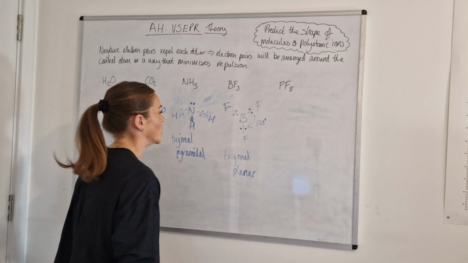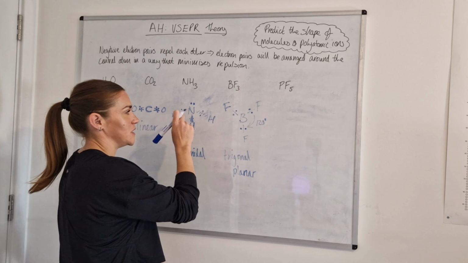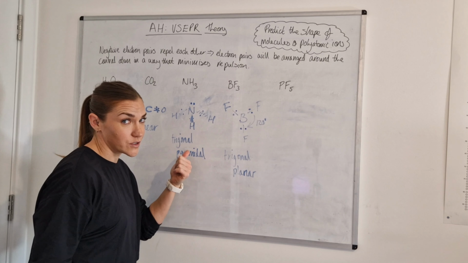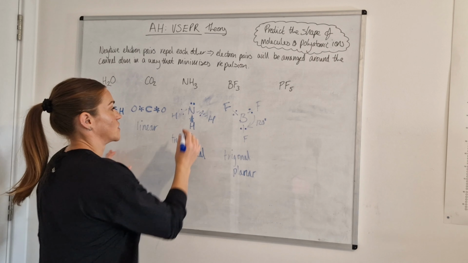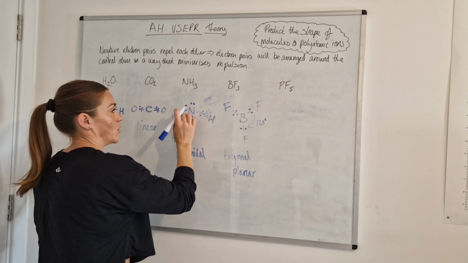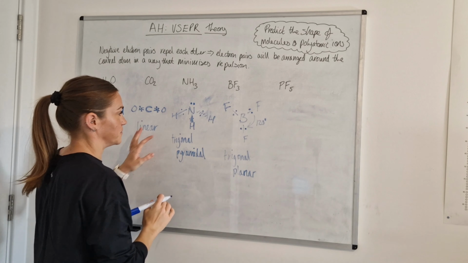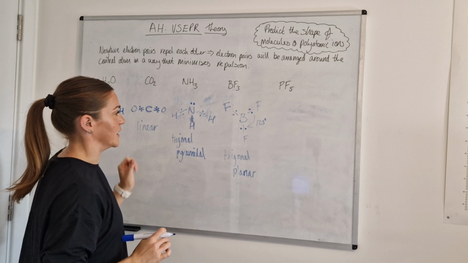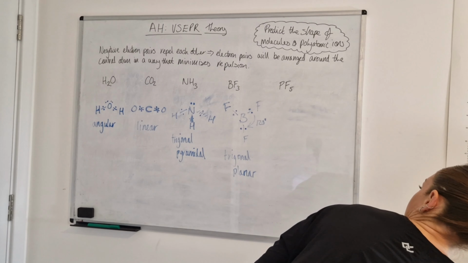If you were to put your face to the whiteboard, it would poke you in the eye. The hashed bonds mean it's pointing backwards, so if someone was on the other side of the whiteboard and put their face to it, it would poke them in the eye. And then the solid bonds, with the straight line, are flat to the page, so they wouldn't poke anyone in the eye. I think I'm going to have to change my pen because that one's running out.